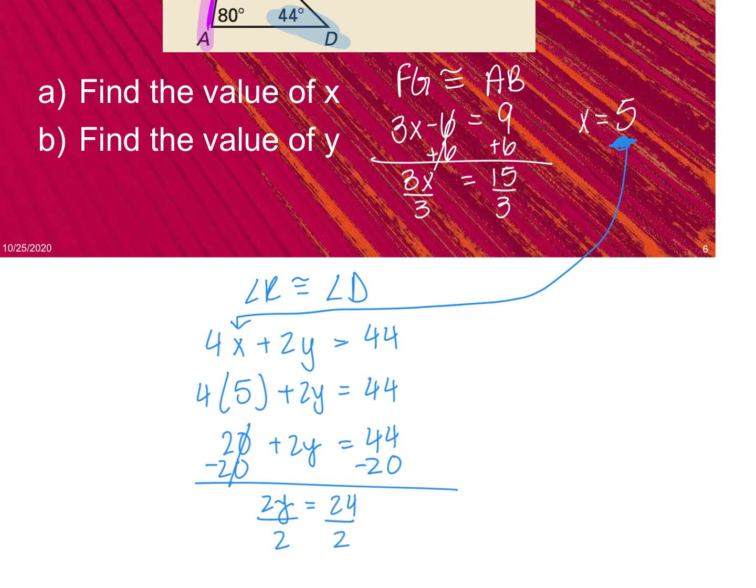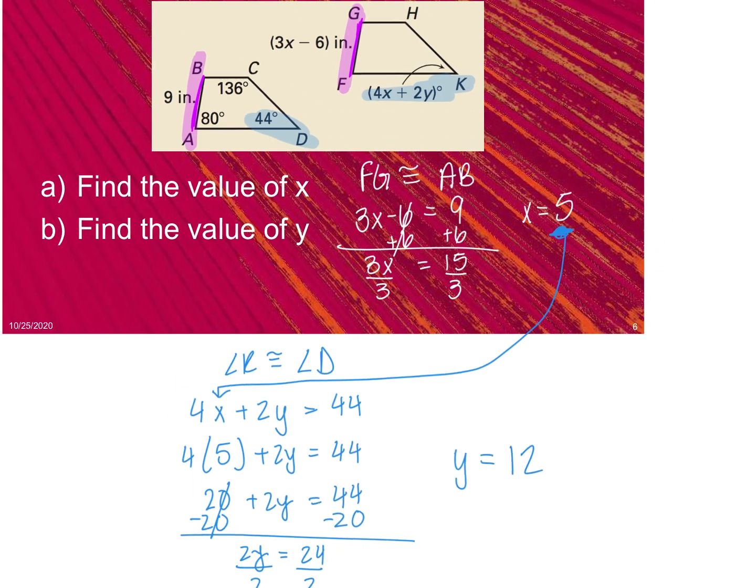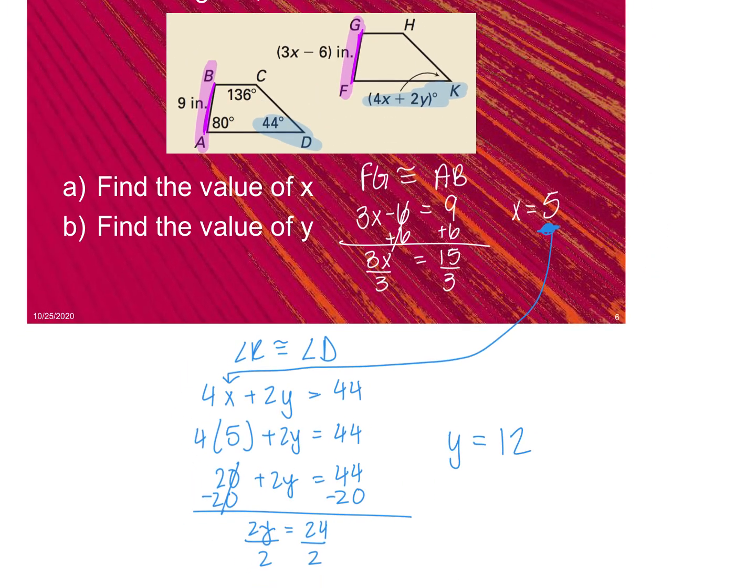Divide both sides by 2, and y is going to equal 12. Good. If we have a question like this on the test, do we always solve for x first? Obviously, like this one says solve for x and y, and they're giving you one with both x and y. You have to find x first. I can't just start solving for y because I have an x there. So you would have to solve for x first, then plug it in, and then solve for y.